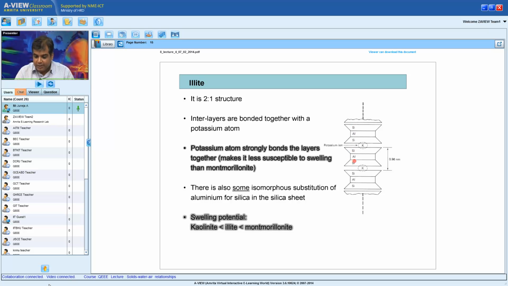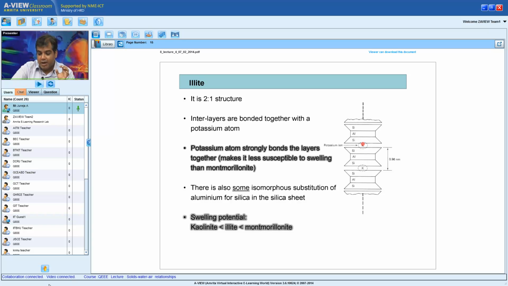One sandwich and the other sandwich, rather than having weak van der Waals forces, have a potassium ion which fits in between. If I go back a few slides, when we introduced our tetrahedron, we said there is a hexagonal hole, and I tried to highlight the hole using the mouse. That hexagonal hole is just nice to allow the potassium ion to fit in.